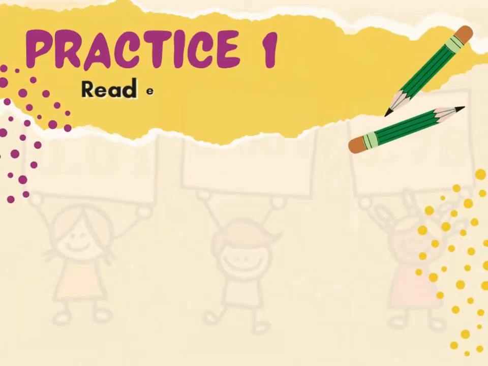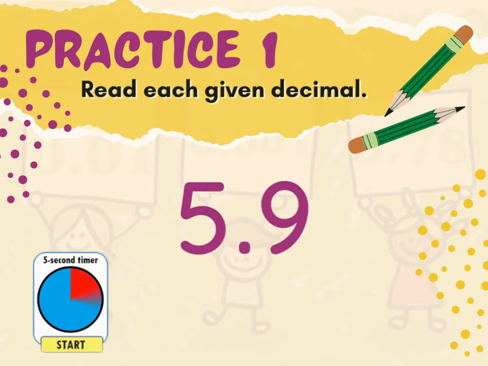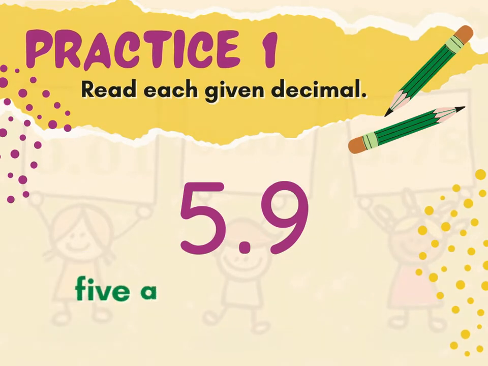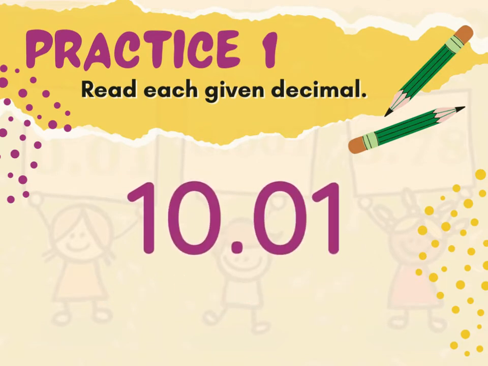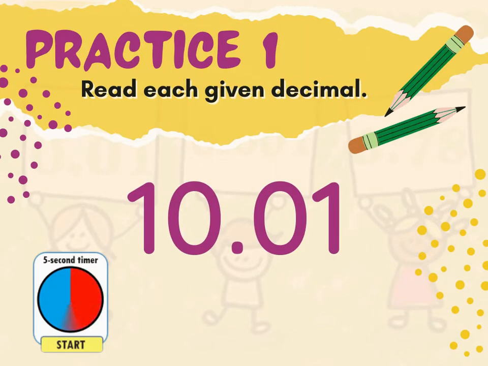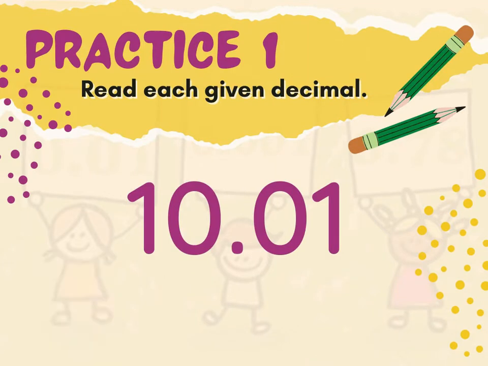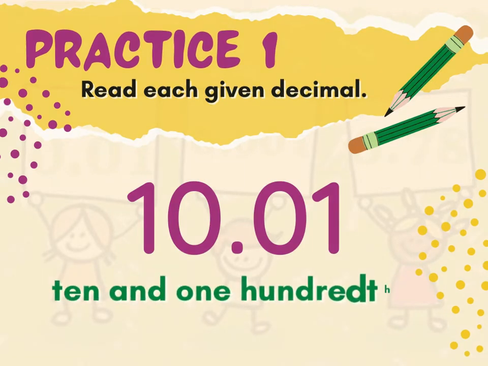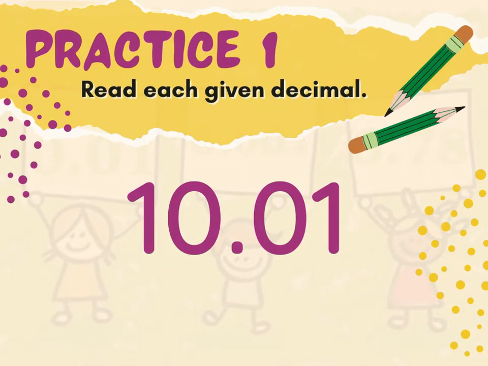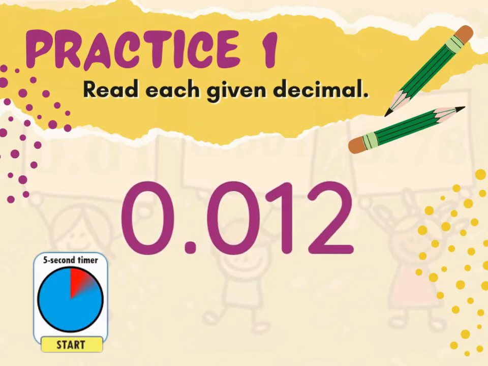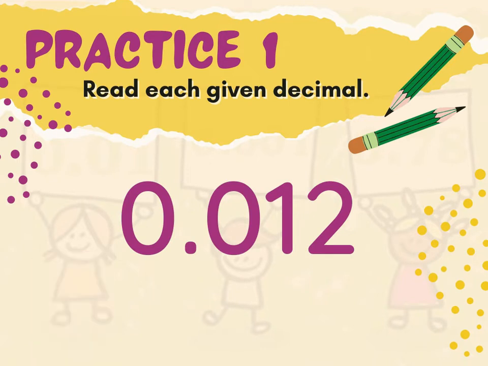Let us practice. Read the following decimals. Great! 5.9 is read as 5 and 9 tenths. How is 10.01 read correctly? Good! It is read as 10 and 1 hundredth. Try this one. Nice!